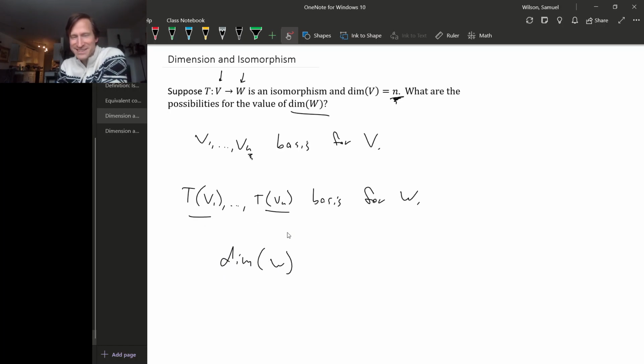And look, here's a basis. How many vectors are there? There's n of them, right? So the dimension of W actually has to be the same as the dimension of V.